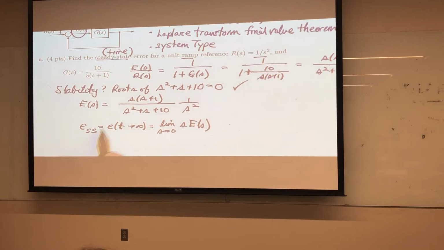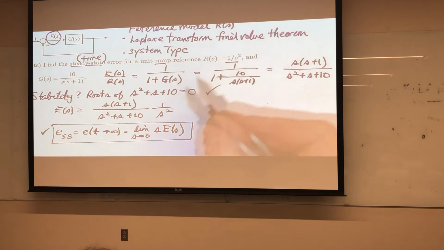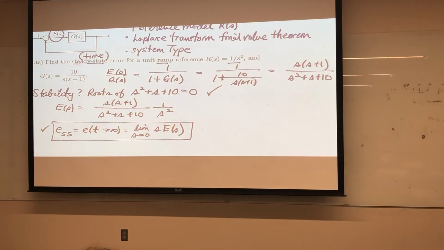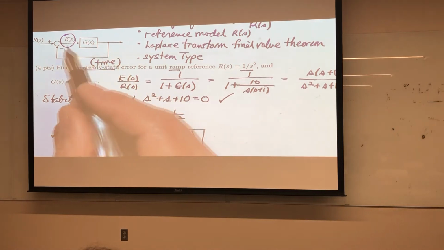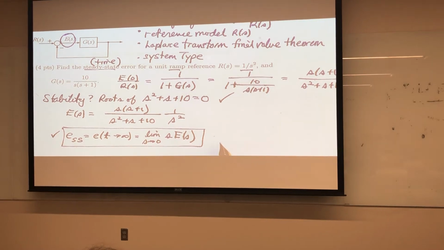Okay. So this expression now is a valid expression. This is the Laplace transform final value theorem. It's a valid expression because we check stability to ensure that the signals in the system are bounded. So let's go ahead and apply that principle here.